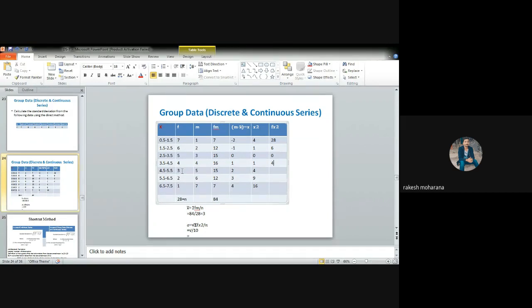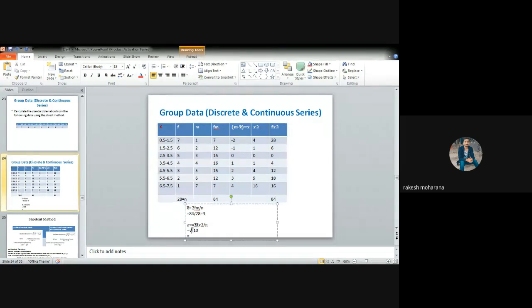The next one is 3 into 4, that is 12. And 2 into 9, that equals to 18. And the last one is 1 into 16, that equals to 16. Calculate the sum of fx square. 84.